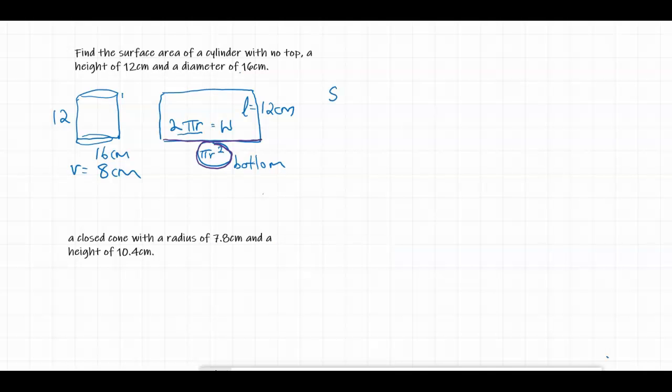The surface area then is equal to pi r squared, only 1 because it's got no top, plus 2 pi r times 12. And r we worked out was 8 centimeters because it's half the diameter.